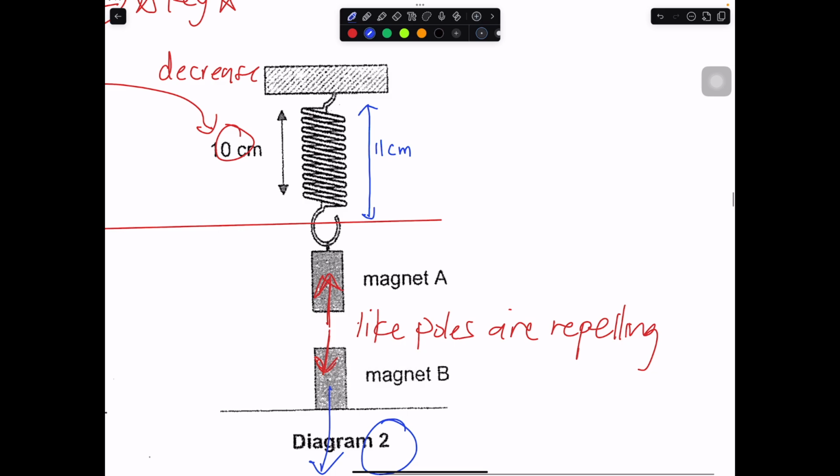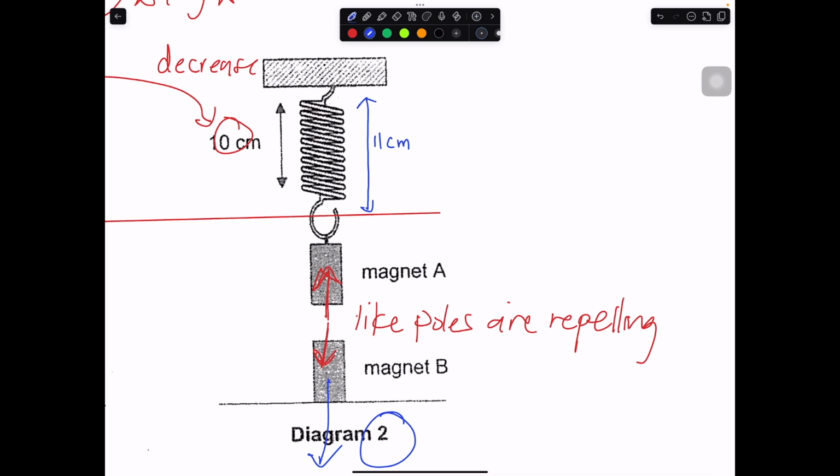The elastic spring force acting on magnet A by the spring should be in the direction where the spring wants to return to its original position. So in this case, the spring is 10. When you want to go back to your original position, you want to go down here.